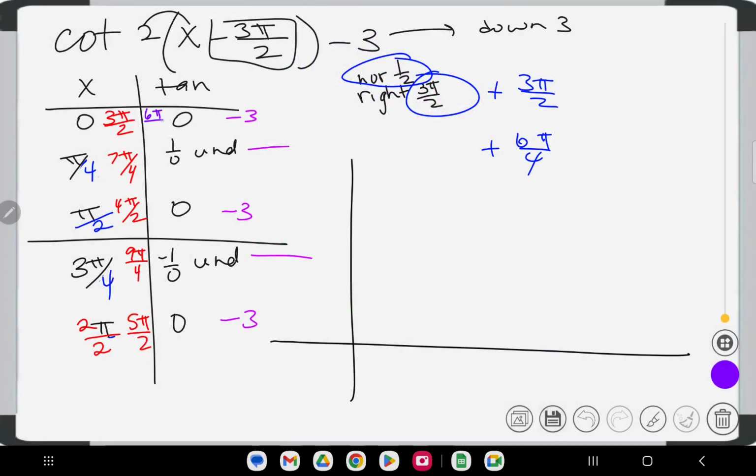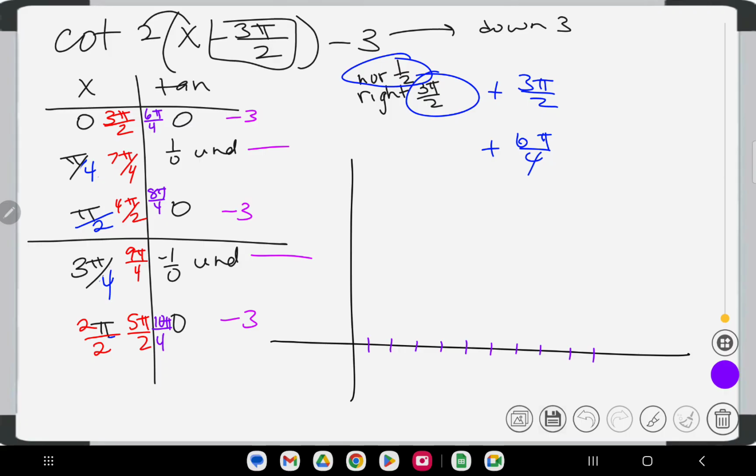So 6 pi over 4, 7. Let's see. 8 pi over 4, already over 4, and 10 pi over 4. So 6, 7, 8, 9, 10. So we'll just go to 10. So 1, 2, 3, 4, 5, 6, 7, 8, 9, 10.